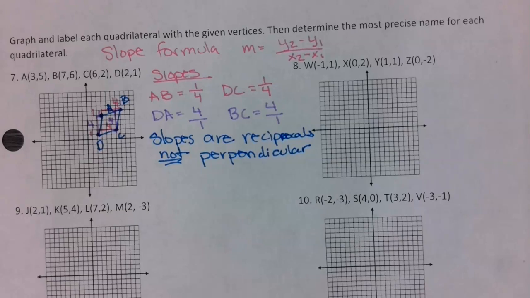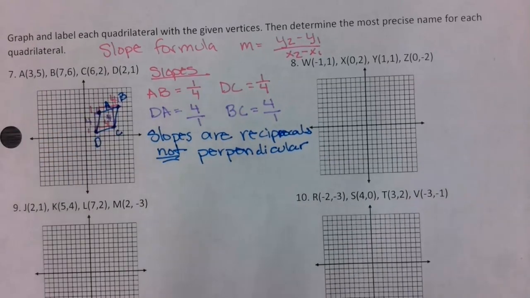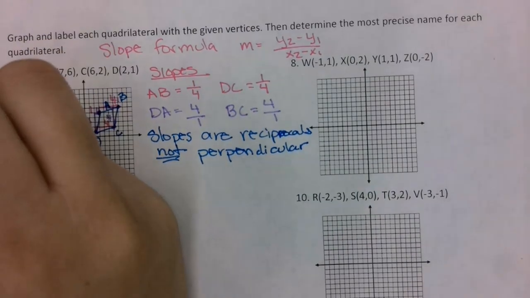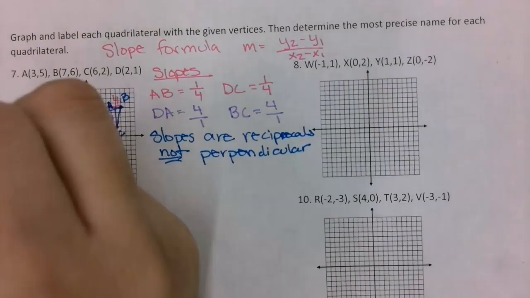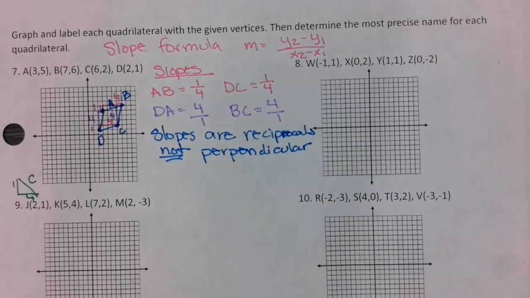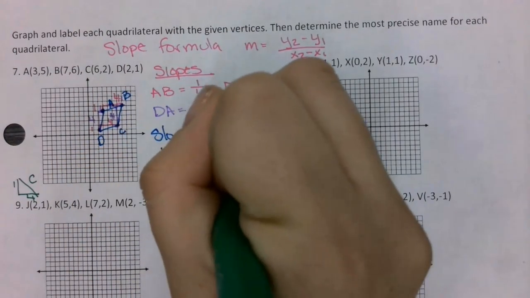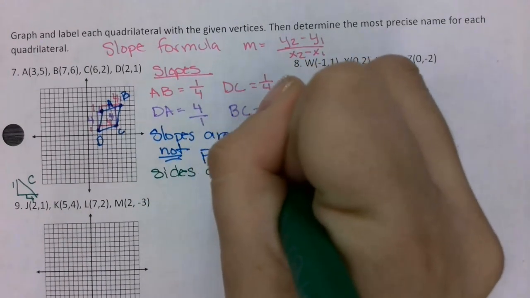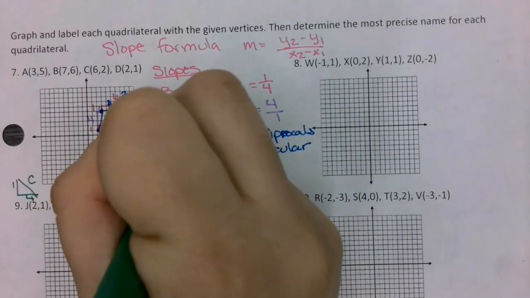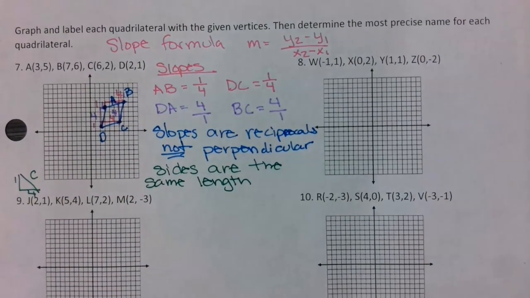And then notice when I did my slope triangles up here, all of them have 4s and 1s. So if I use the Pythagorean theorem on one of those, all of them would have the same C value for the blue line. So the sides are the same length. What kind of parallelogram does this make this?